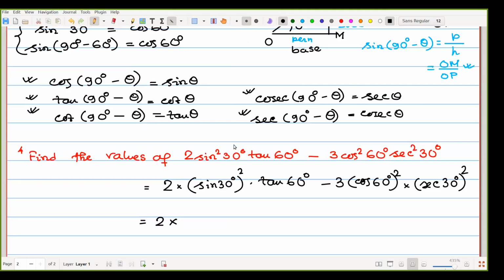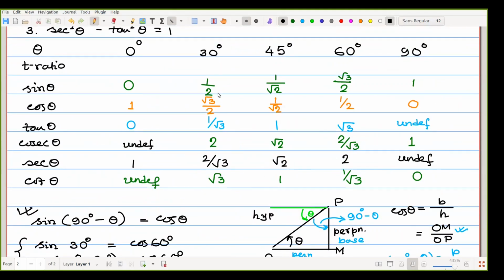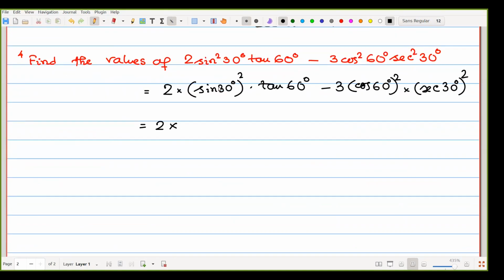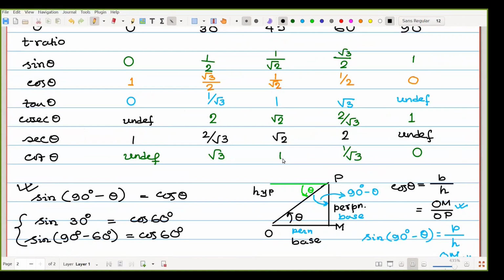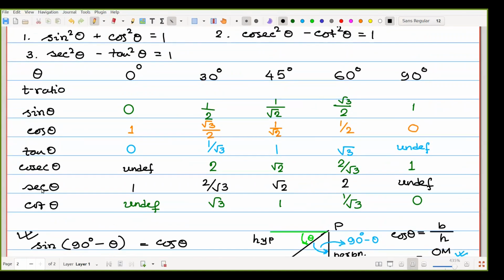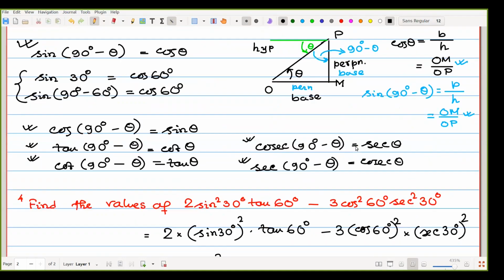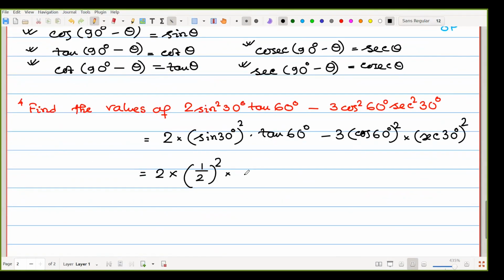Sine 30 degree means 1 by 2, so we are putting 1 by 2 whole square. Tan 60 degree means root 3, so we are putting root 3 here, minus 3 into cos 60 degree.